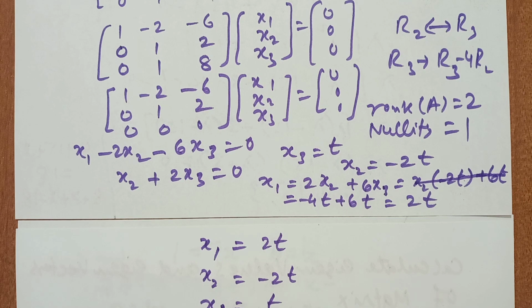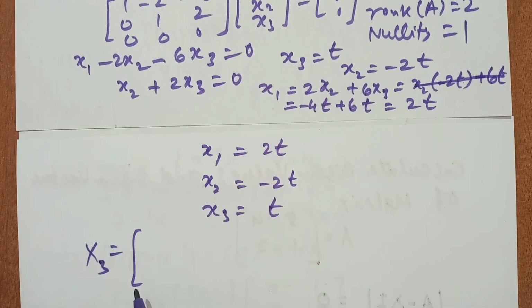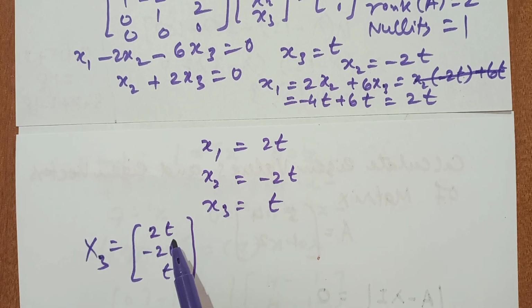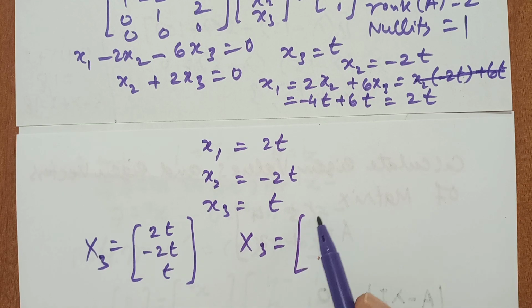So the eigenvector x is equal to x1, x2, x3, that is 2t, minus 2t and t. For a simple value of t, we can take t equal to 1, 2, 3, but the ratio is the same. So for the simple value t equal to 1, x3 is equal to 2, minus 2, 1.